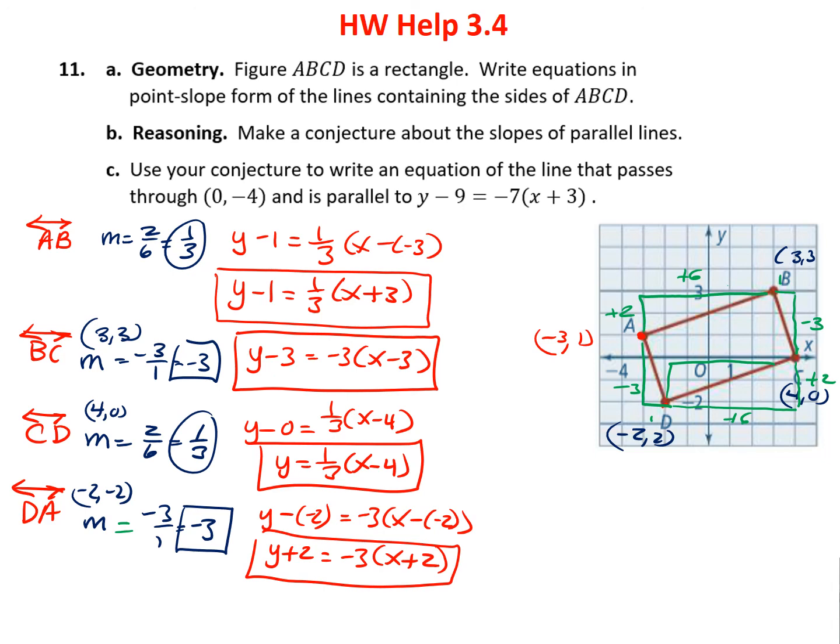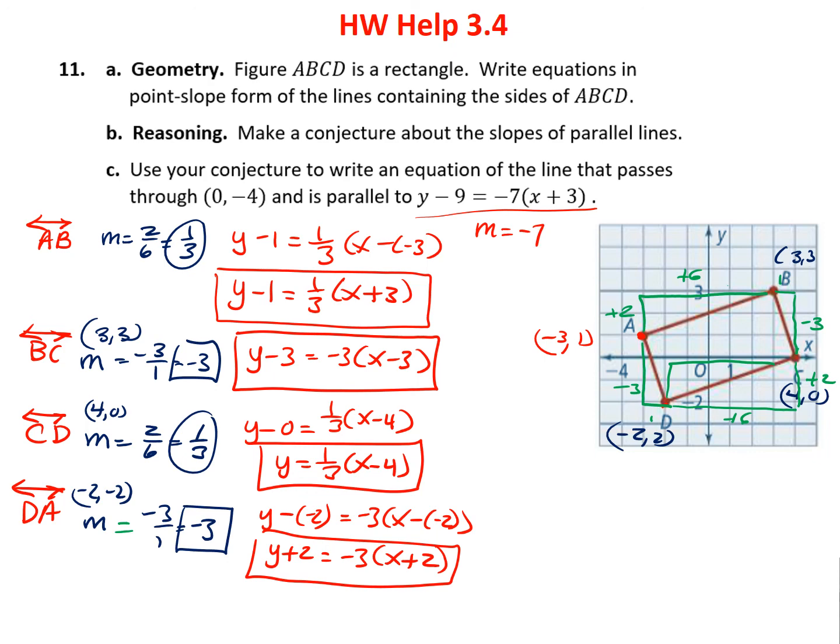Now, as we've realized, these opposite lines are parallel, meaning they have the same slope. So it says, use your conjecture to write an equation of the line that passes through 0, 4 and is parallel to this line. If two lines are parallel, they have the same slope. Notice here the slope is minus 7.